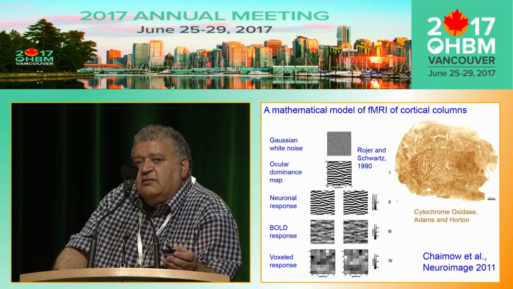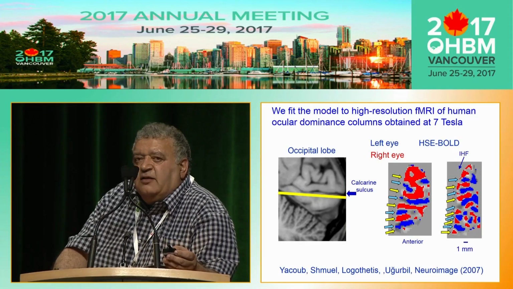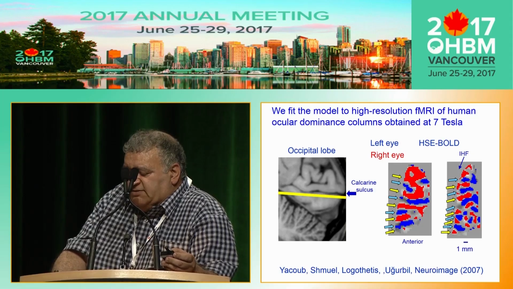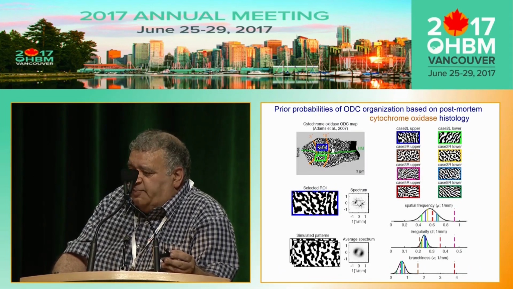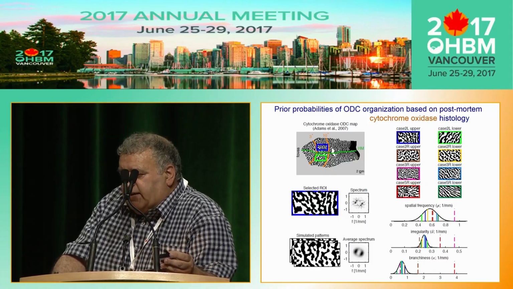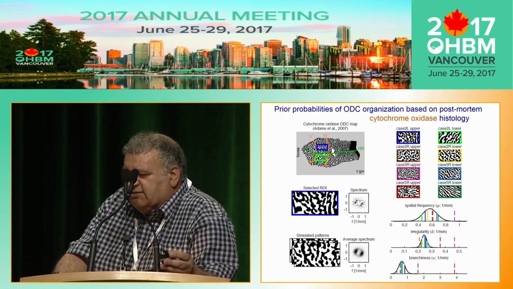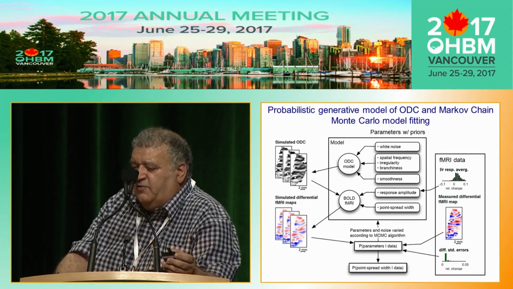We fitted this model to measurements of ocular dominance that Essa Yacoub and I performed previously at the University of Minnesota. We also constrained the parameter space based on post-mortem cytochrome oxidase histology from humans from Adams et al. So the idea is the following.